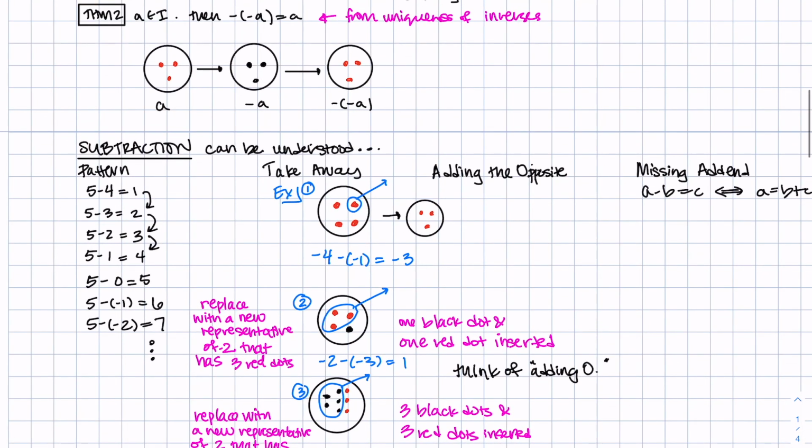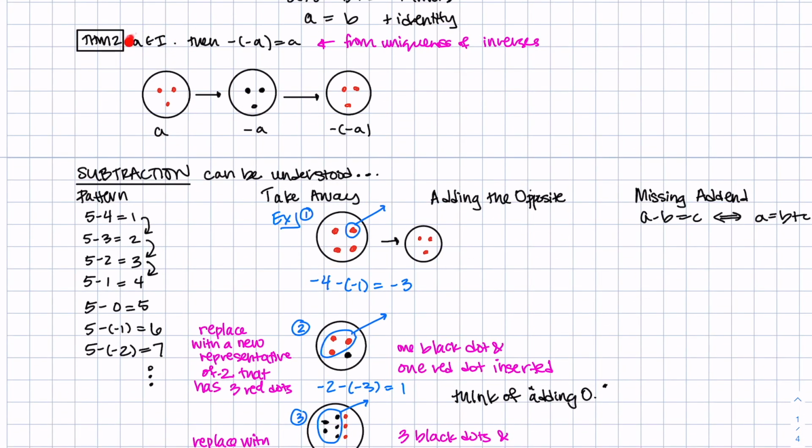So if I say a is an integer, like I do in this theorem, a could be positive or a could be negative. That means if I see negative a, that doesn't necessarily mean it's a negative number. For instance, if I started off with a equals -3, like in this representation, then negative a is positive 3. So this is one little trick to keep in mind. This trips up students quite a bit. Don't let it trip you up.